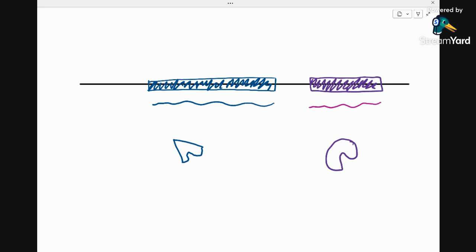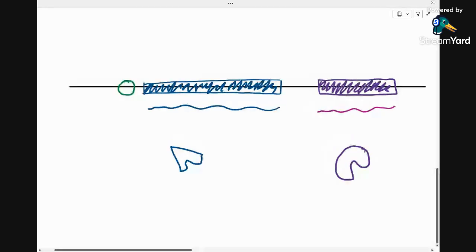And we have to tell it which way to go. And that is achieved at the start of the gene. I will draw it as a circle here. So we'll have one here in front of the blue gene, 5' end, and we'll have one in front of the purple gene here. And these are called promoters.